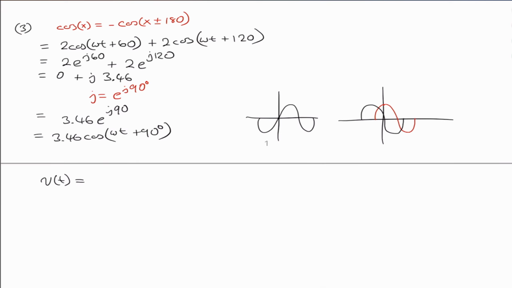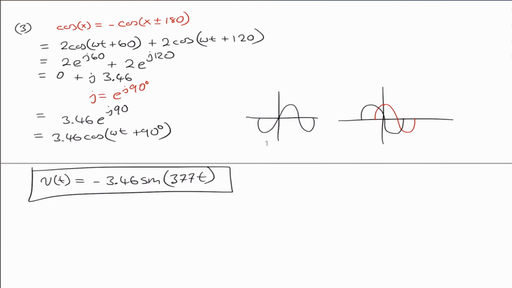So we keep our coefficient, 3.46 times sine of omega t, which is 377 times t. And that is the single term for v3 of t.